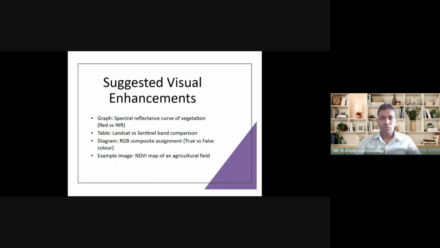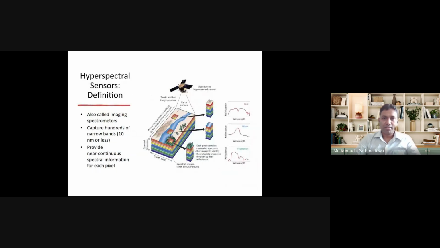So now we move on to the other topic, that is hyperspectral sensors. Unlike hyperspectral sensors, multispectral sensors capture only a few broad bands, sometimes 8 to 10 or 8 to 15 bands.